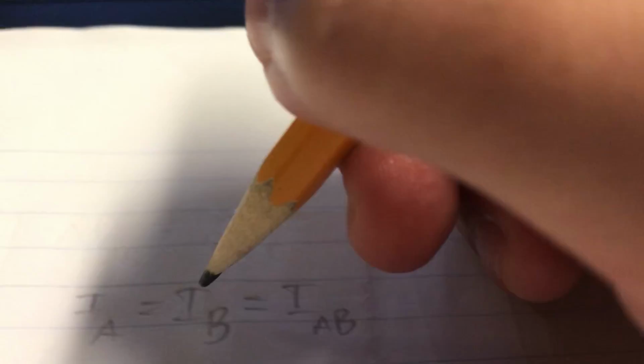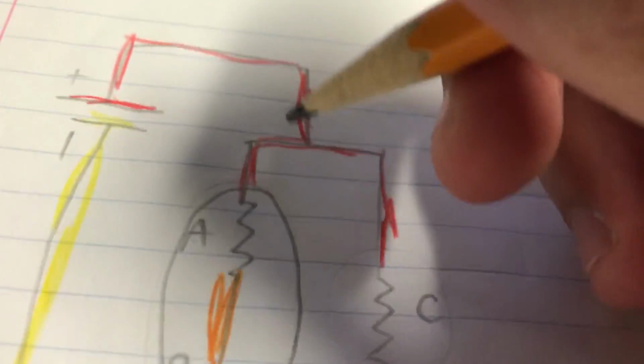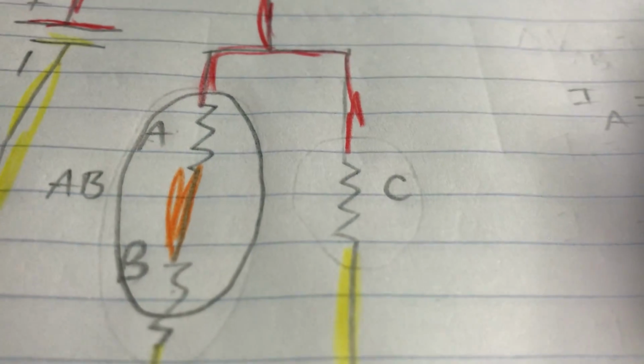So now we already have IA and IB, and we need to compare with IC. So here I will treat these two resistors as an equivalent resistor, which is AB. Let's call that.